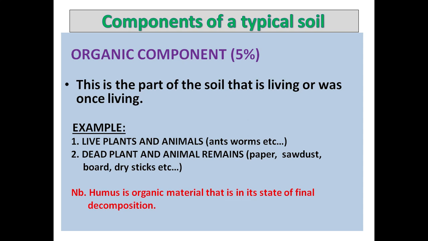So in other words, humus is dead organic matter, not the living part. Alright, so summary. The organic component of soil involves those things that are alive, and when they are dead, they are still considered as the organic component of the soil.